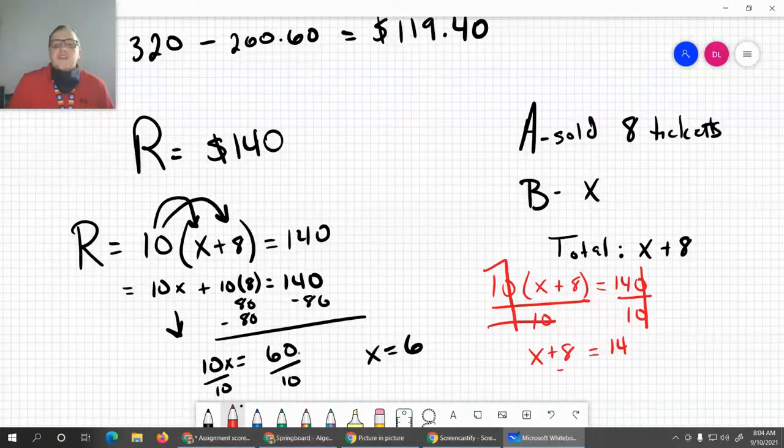This is a little bit easier math to do. x will still equal 6. That's the cool thing about math, sometimes there are multiple ways of getting there.